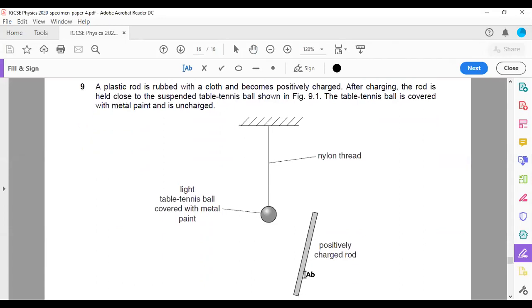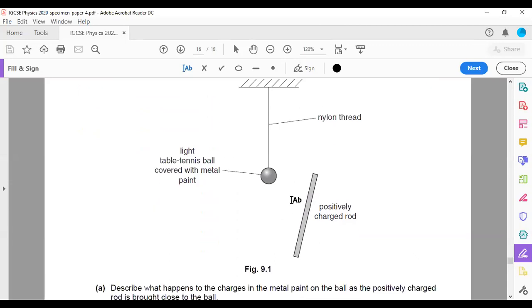So all of these are plus. The positive part is obviously going to attract the electrons, the negative charges. Because the ball is covered with paint and is uncharged, the negative charges move towards the rod.